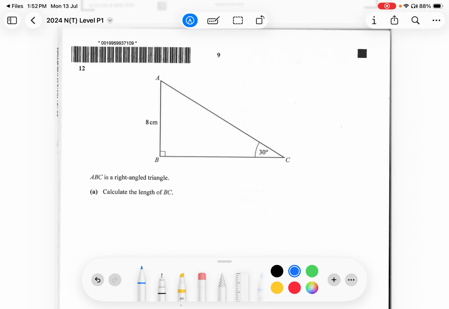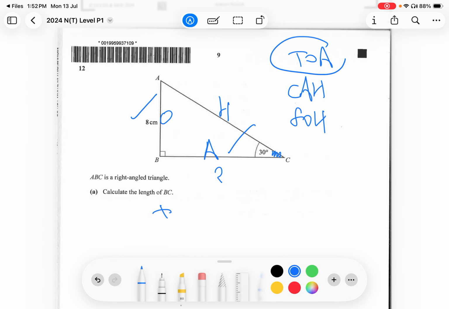ABC is a right angle triangle. Calculate the length of BC. So again, this is my angle, OAH. I want the length of BC, which is the O. I use Picasso. So I have the O, I want the A. O and A is tangent. Tangent 30 is 8 over BC.